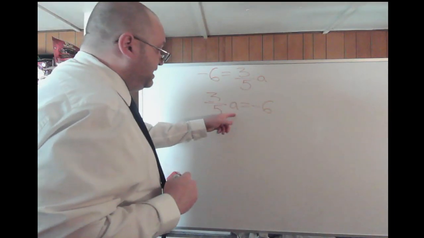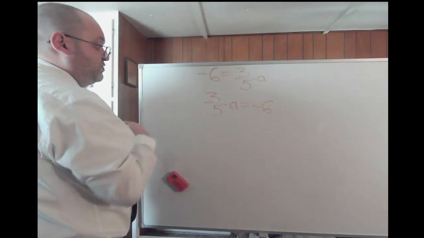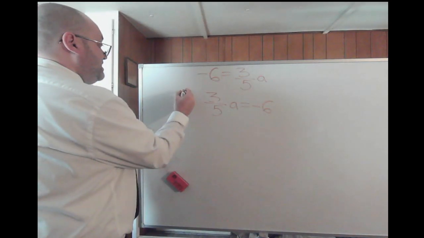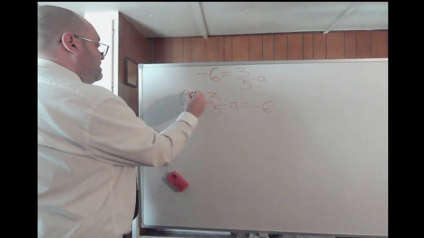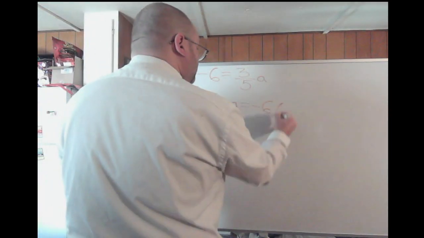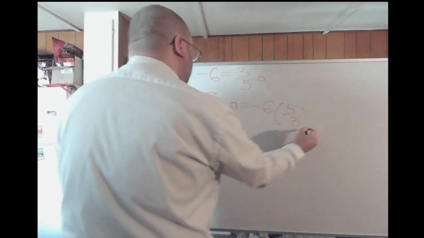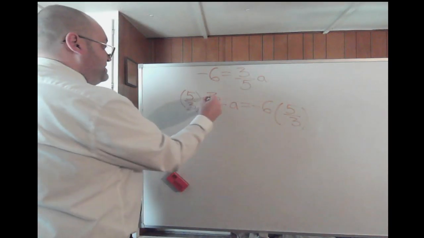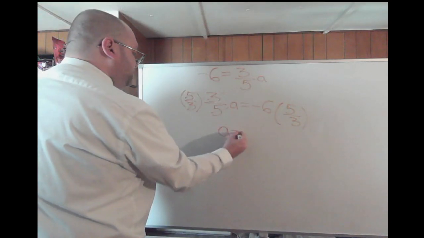We want to get a by itself. You have to multiply by the reciprocal of 3/5 in order to make that happen. So the reciprocal of 3/5 is going to be 5/3. So that means you got to do it to the right-hand side too. Multiply by 5/3. Alright, so the 3's cancel on the left, 5 cancels on the left. You're just left with a by itself.